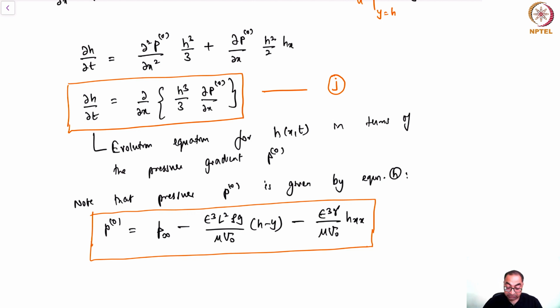That's the beauty of this equation. The evolution equation J does not vary, but all that we need to do is add additional physics into this pressure term, and then we can see how the evolution of the interface changes because of the new physics that we have added. Okay, so I'll stop here, and we will look at the effect of van der Waals forces in the next lecture. Thank you.